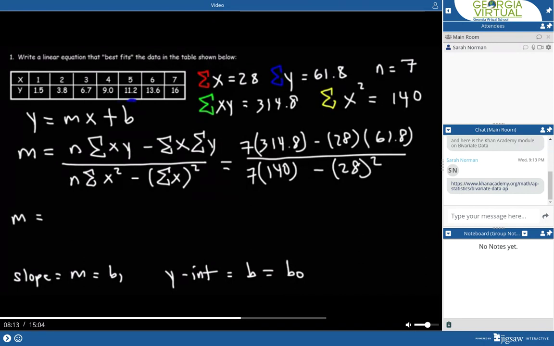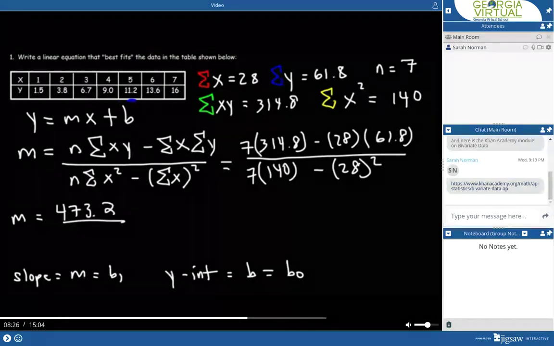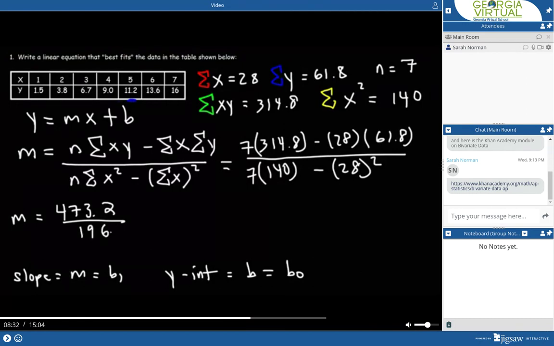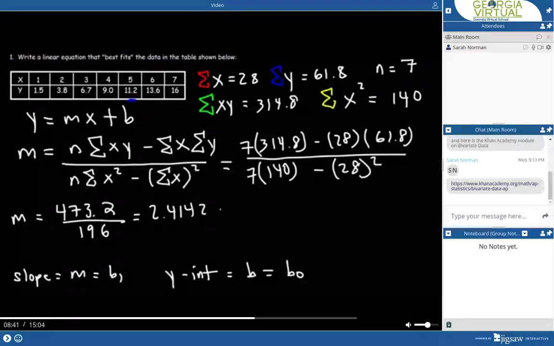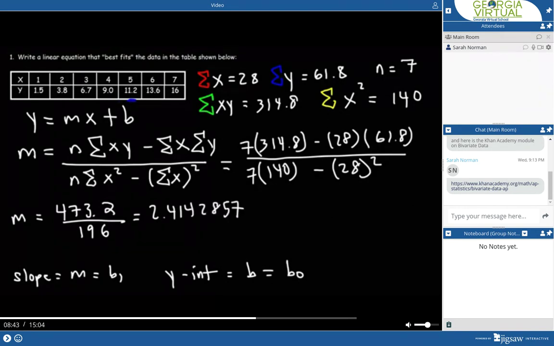So now let's plug everything in. 7 times 314.8 minus 28 times 61.8, that's 473.2. And then 7 times 140 minus 28 squared, that's 196. So dividing these two numbers, this is going to be 2.4142857.